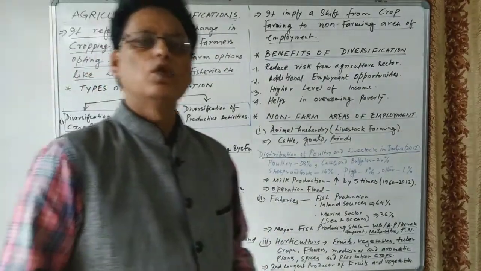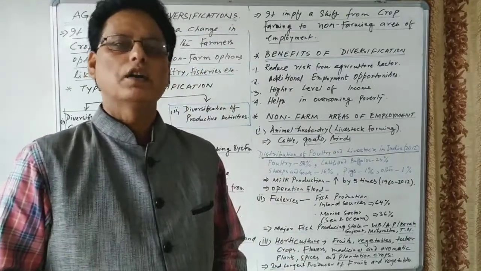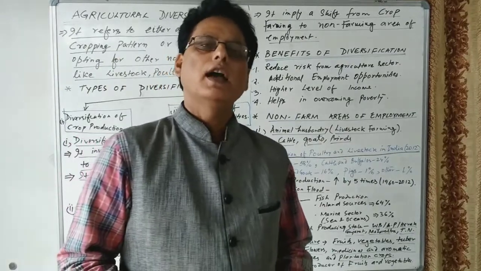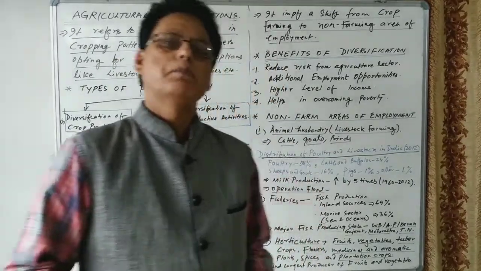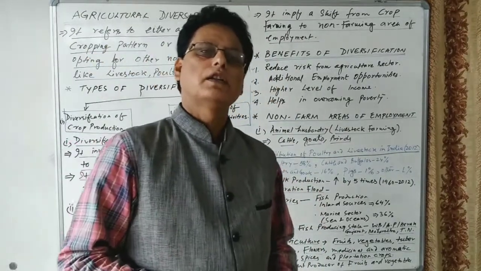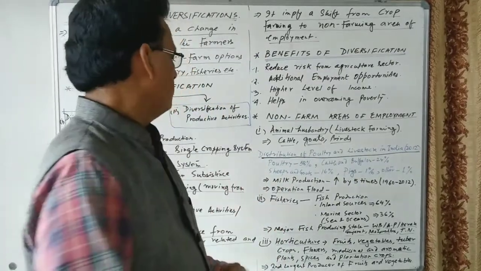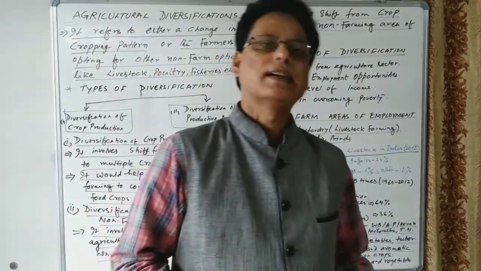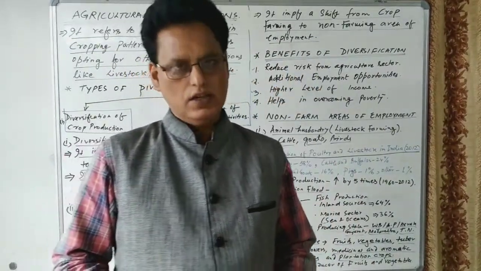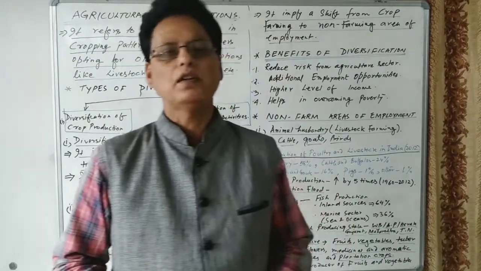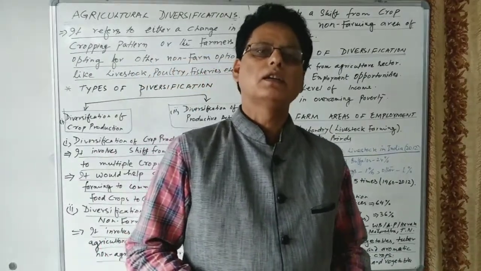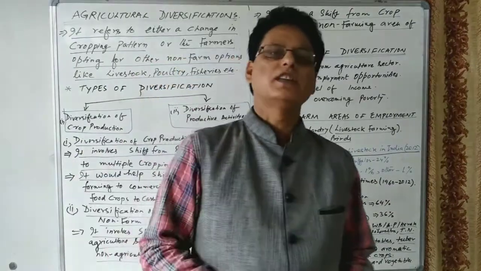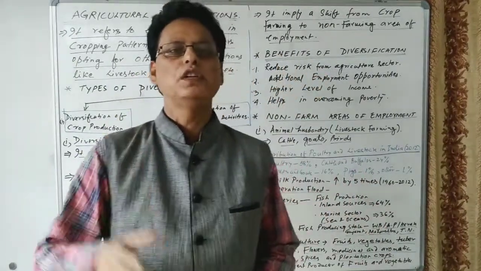The government launched a revolution in the production of milk in our country, and because of the Operation Flood revolution, milk production has increased rapidly. Different milk cooperative societies have opened in our country. You know one, Amul, Anand Milk Union Limited.